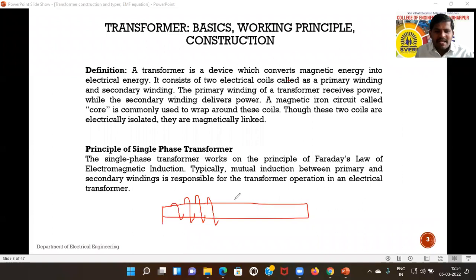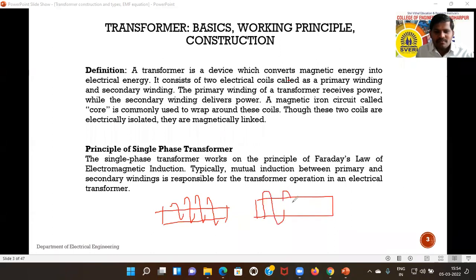Similarly, this coil is wound on the core, and similarly another coil is wound on the other core. See, here I am applying a supply voltage, and here I am attaching a voltmeter to measure the voltage.